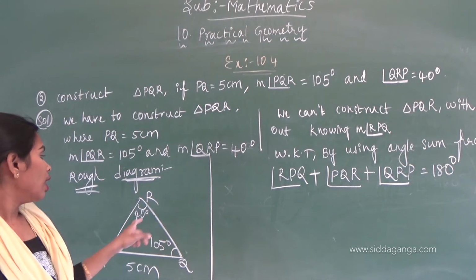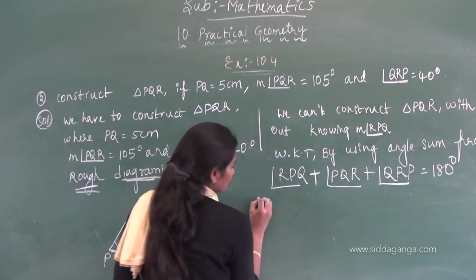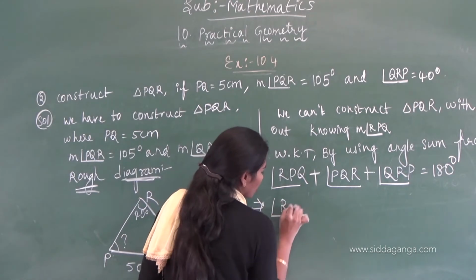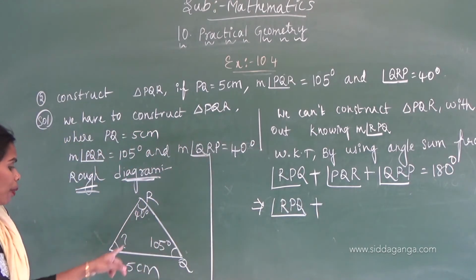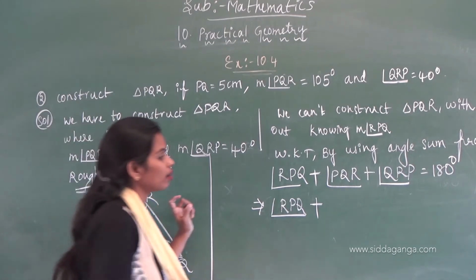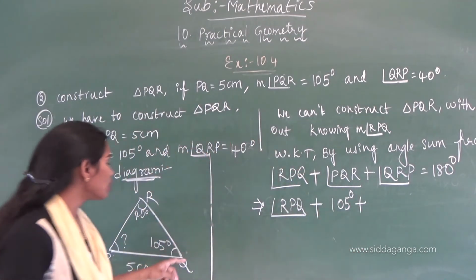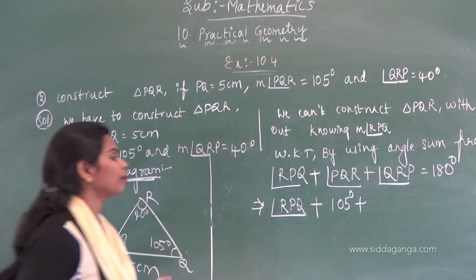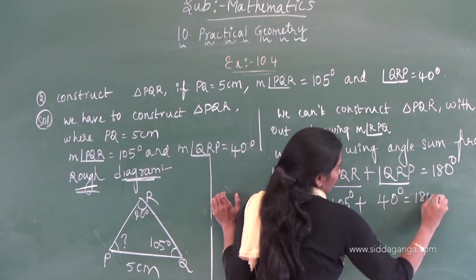What is RPQ? We don't know. And what is PQR? 105 degrees. And what is QRP? 40 degrees. That equals 180.